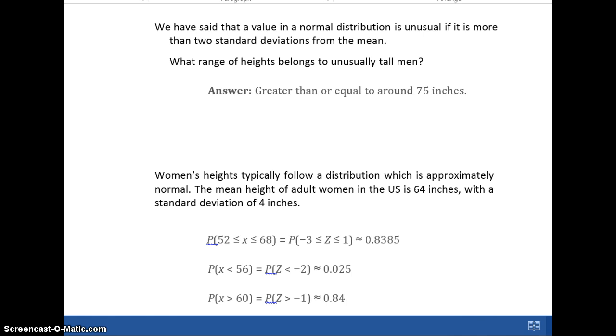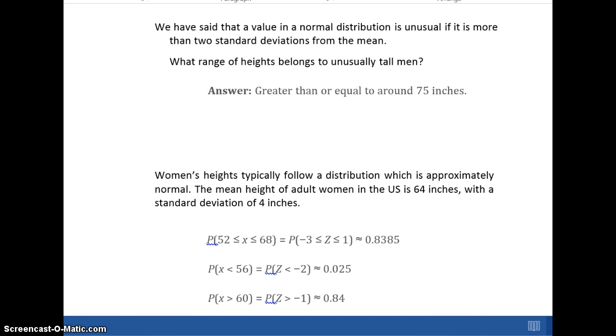So let's get back to the example of men's height. Now for a man's height, the mean is 69, the standard deviation is 3. 2 standard deviations is 2 times 3, which is 6. So we can go down 6 inches from the mean of 69, or we could go above 6 inches from the mean.